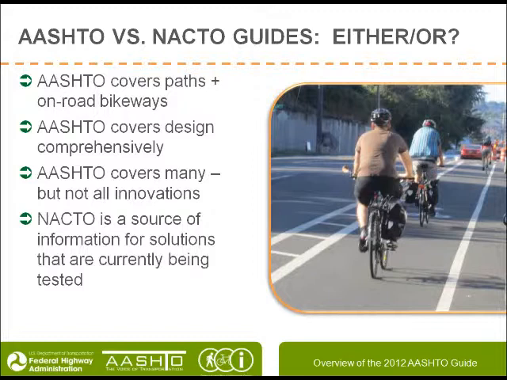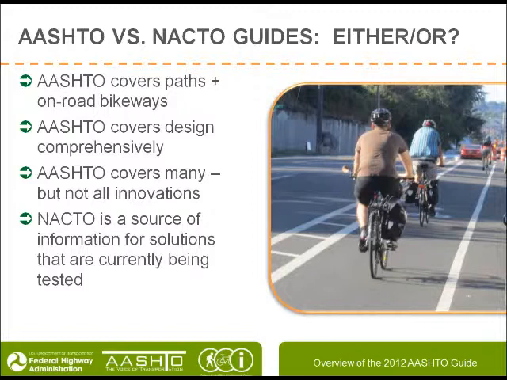It's important to understand the AASHTO Bike Guide is a comprehensive manual. It covers all aspects of bike facility planning and design for both on-road and off-road bikeways, including fundamental operating characteristics of bicyclists and how those impact geometric design.